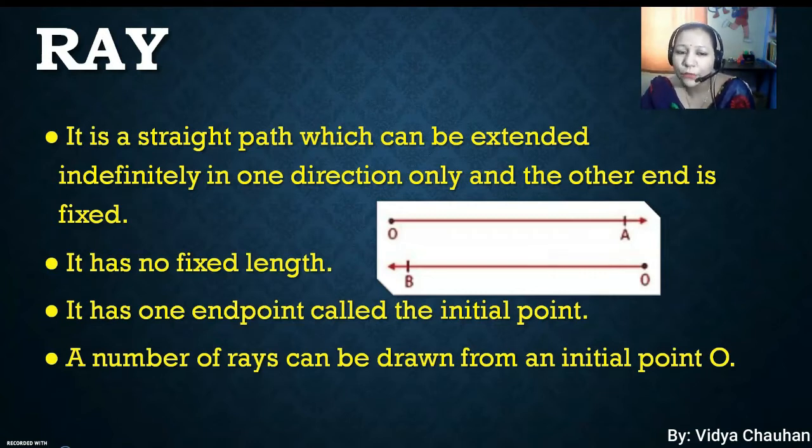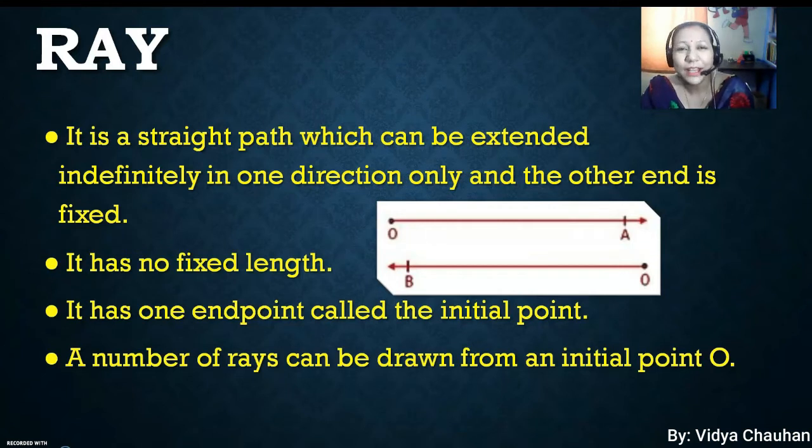That means from a single point, like you can see the point O, you can make multiple rays. Like I can draw OA, OB, OC, OX, OY, OZ, any number of rays from this initial point, and that is why it is called the initial point. That means the starting point.